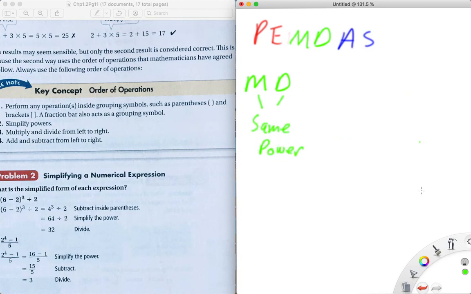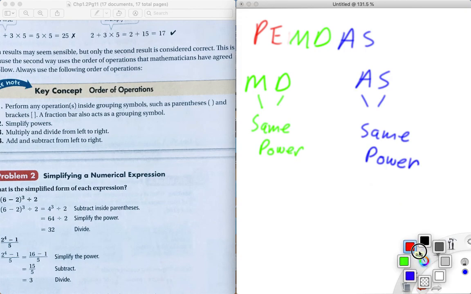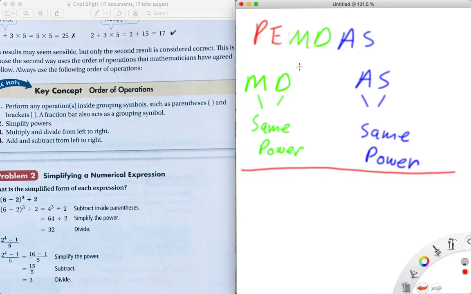In addition to that, addition and subtraction have the same power. So when we see both addition and subtraction, or multiplication and division, the way that we tell each one apart is to go from left to right. Whatever you see first on the left, if they have the same power, is the one that you do first.